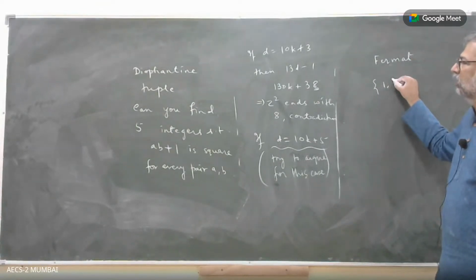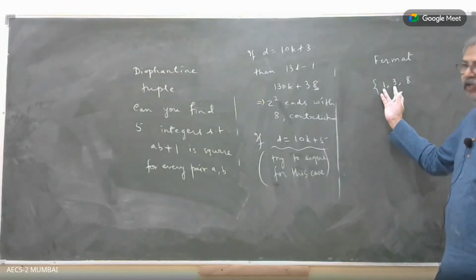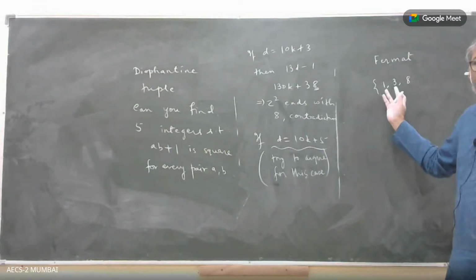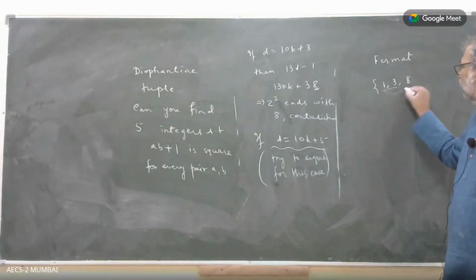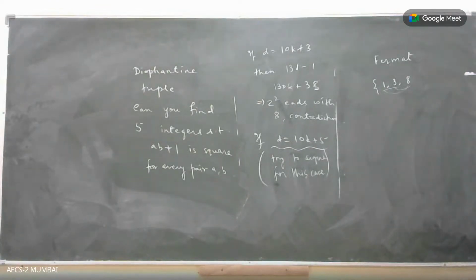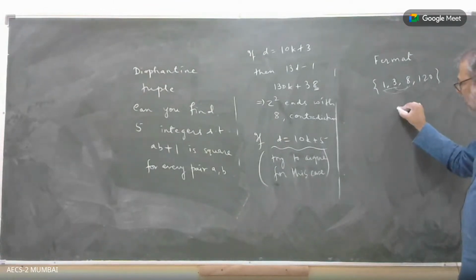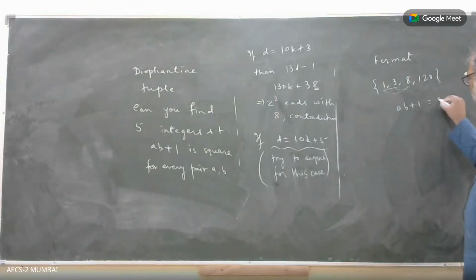So like 1, 3, 8, and you see 1 into 3 plus 1 is a perfect square, 1 into 8 plus 1 is a perfect square, 3 into 8 plus 1 is a square. And the fourth number is 120. Check for this set, every AB plus 1 is a square. But five integers is not possible.